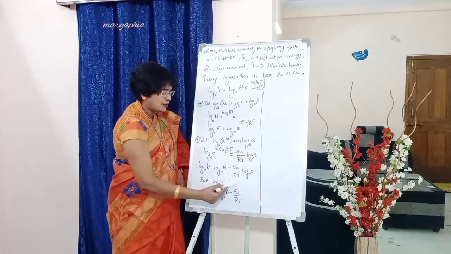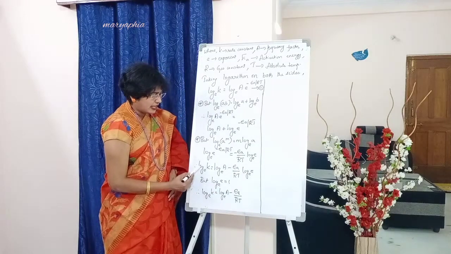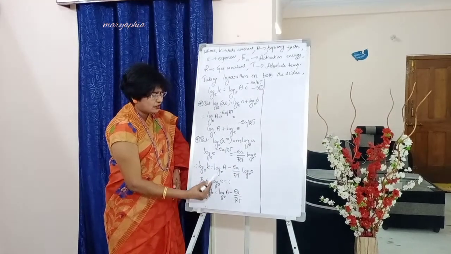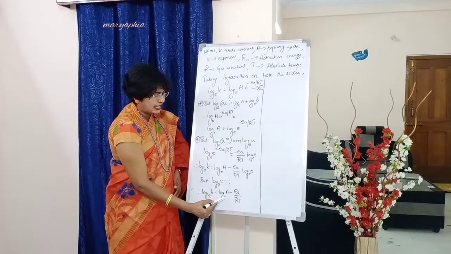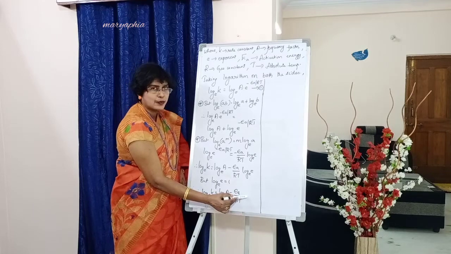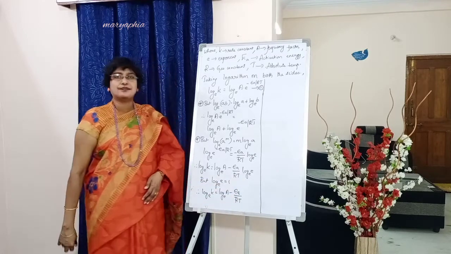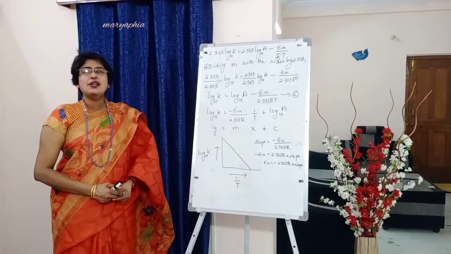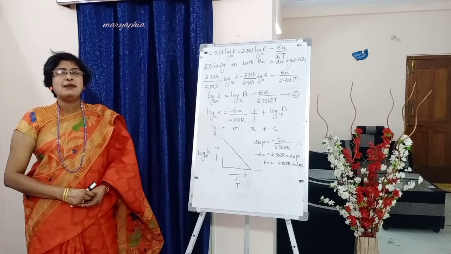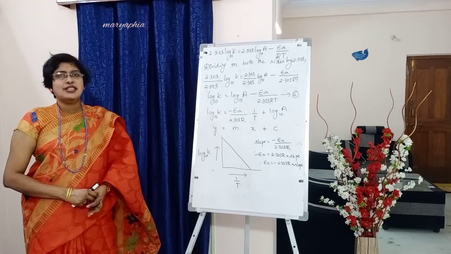So how does this expression change now? Look here, log of K base E is equal to log of A base E minus EA by RT. Now we will not include this in the expression. Why? Because this value is 1. Students, we all know that conversion of base E to base 10 we multiply with 2.303.